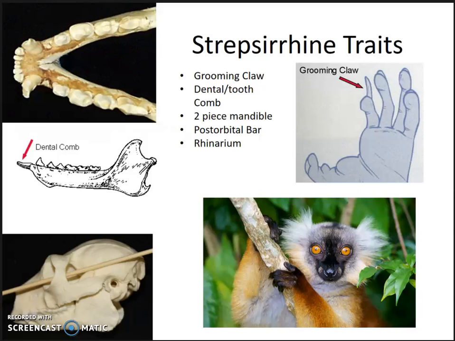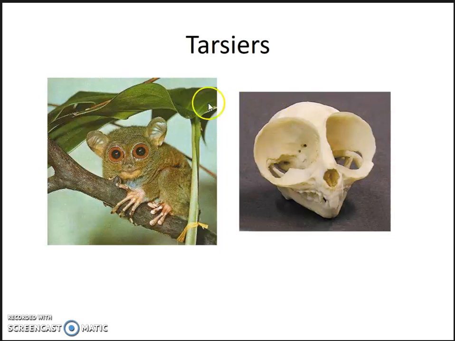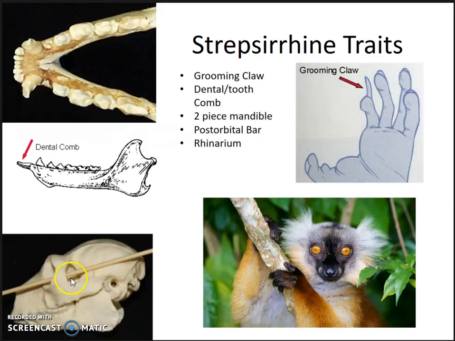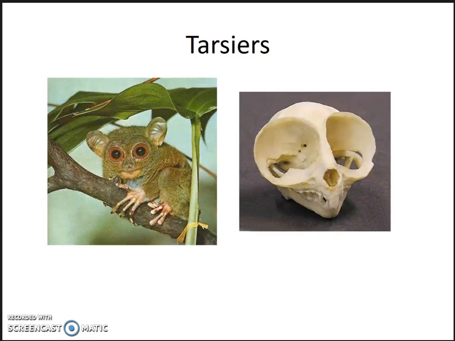Now, our second division is splitting the tarsiers off of the haplorhines. And here you can see some tarsier traits. So here's that difference with that postorbital plate that we see in tarsiers versus, if I go back a moment here, that postorbital bar that we see in the strepsirrhines.